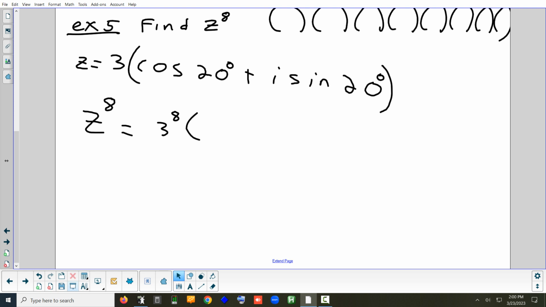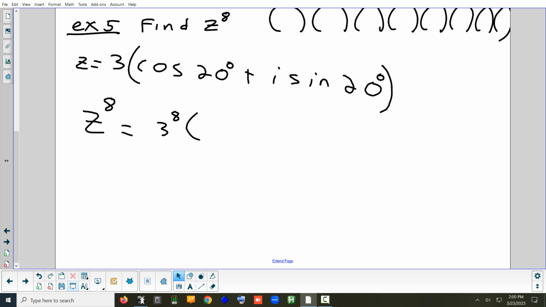Gavin, what's the angle in my original problem? For which one, cosine or sine? They'd be the same. Oh, 20. Yeah. And what are we going to multiply that angle by? 3. So we don't multiply the angle by the radius. We multiply the angle by the exponent.